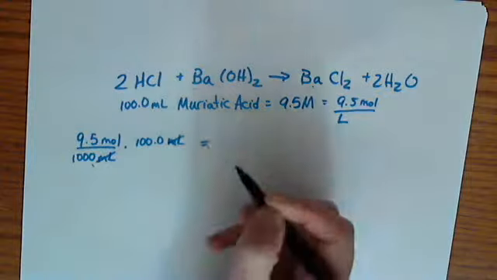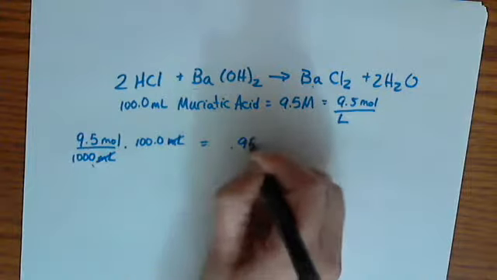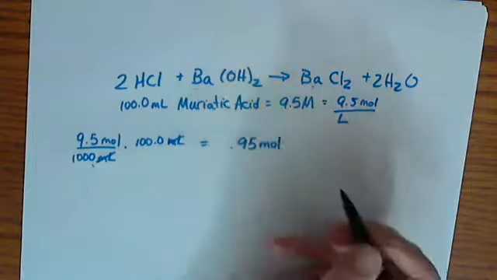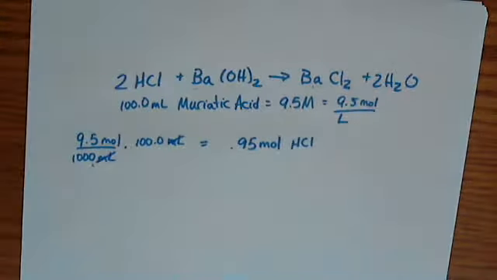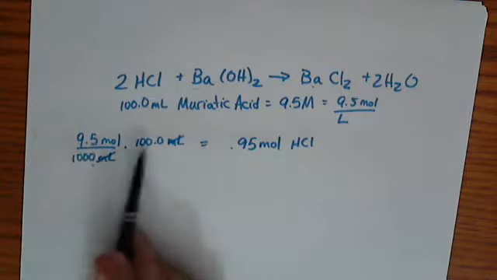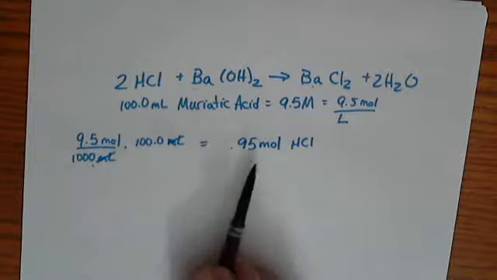And I'm going to find that I have 0.95 moles of HCl. Okay, does that make sense? 9.5 times 100 divided by 1,000 should give you 0.95.